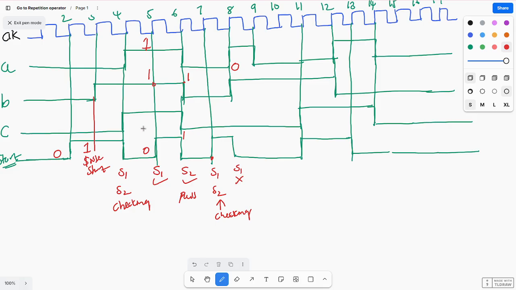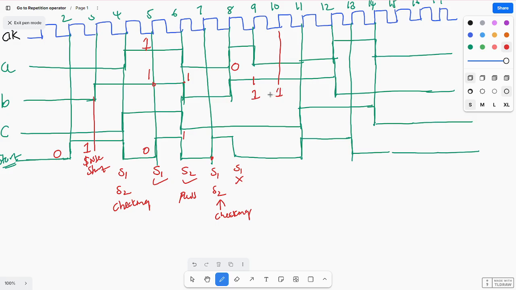B is checked in the next two cycles. Next two cycles means this is one, this is one, and in the next cycle this is one, this is one.